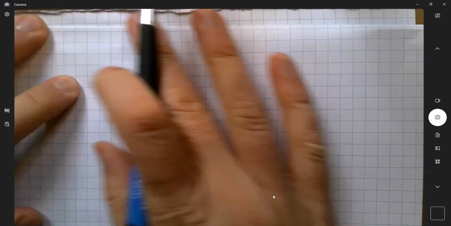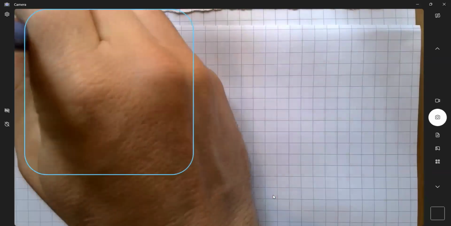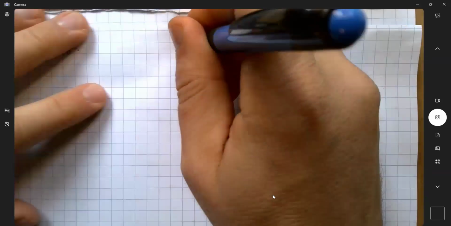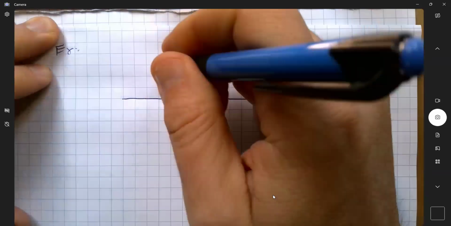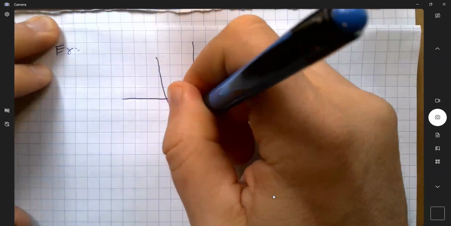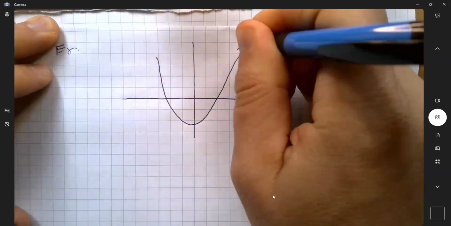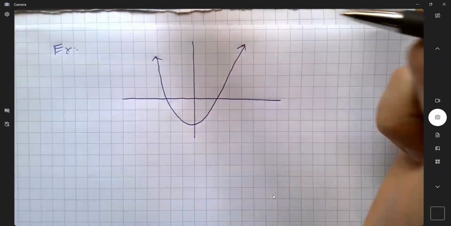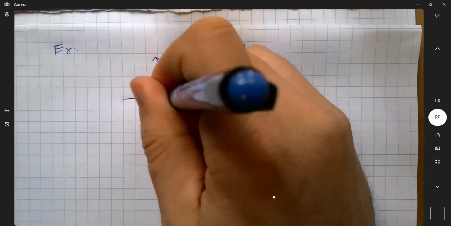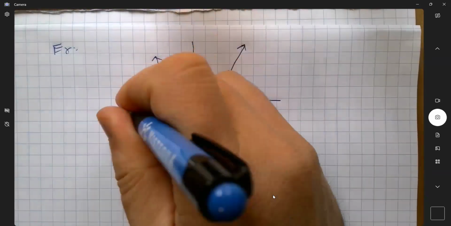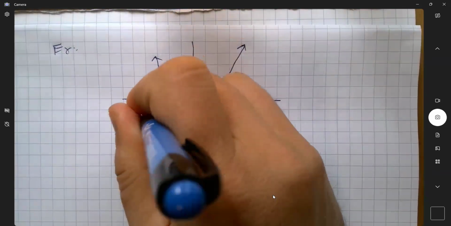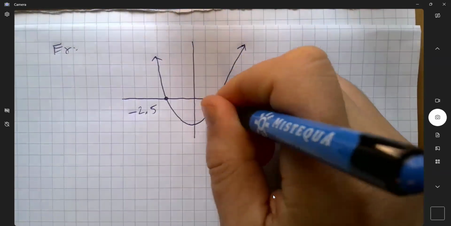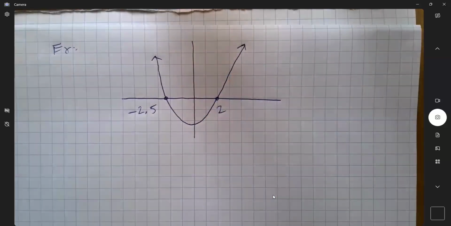Let me give you an example of that. I'll draw a graph with a couple of x-intercepts on this quadratic function. That point right there is negative 2.5. And this point right here is positive 2.